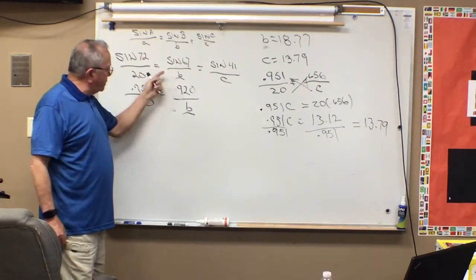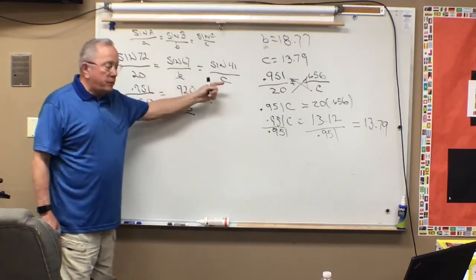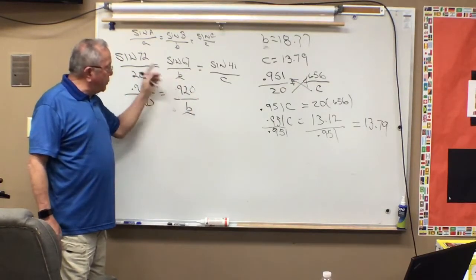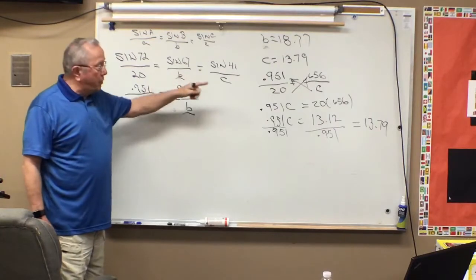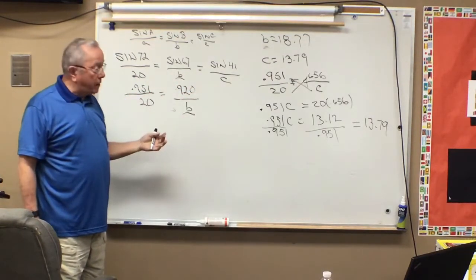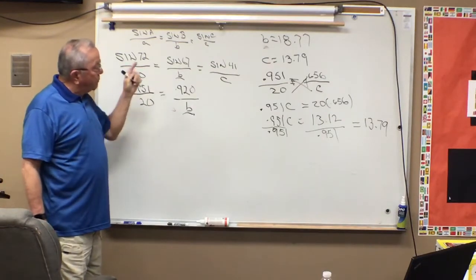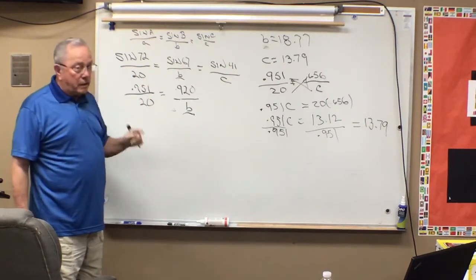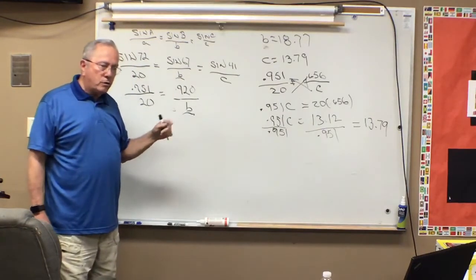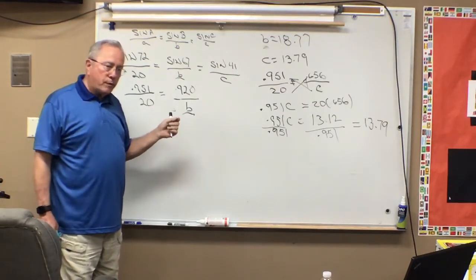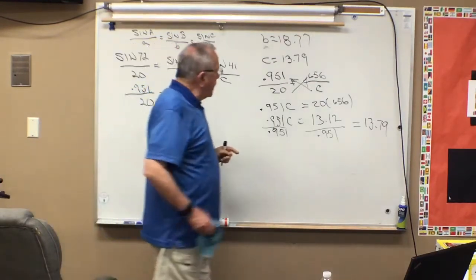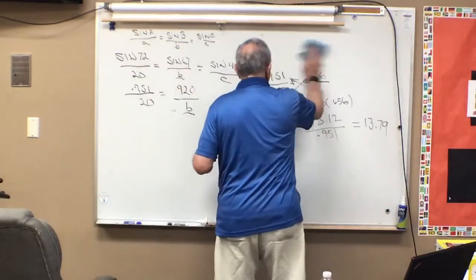You're going from here to here, and then from here to here. Depending on what's going on, you could shuffle these around, but you're still going to cross multiply. When you cross multiply, you know you're going to have to divide. So there's case one where you find two missing sides. Now let's find the angles. If I find one missing angle, I can take those two and subtract from 180 and find the other missing angle, can't I?